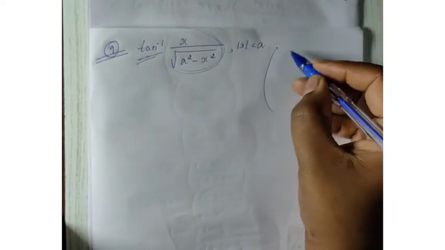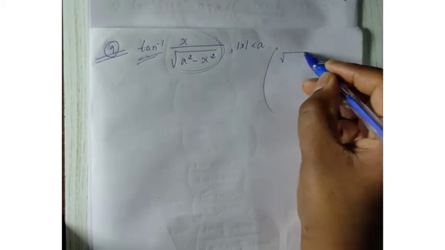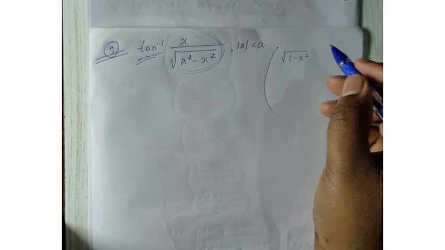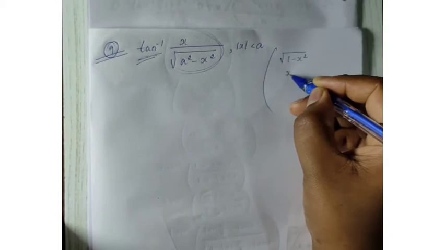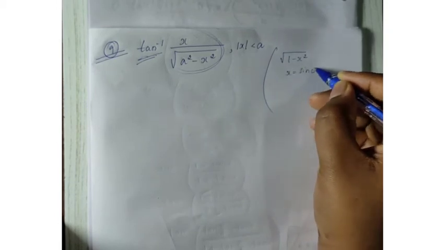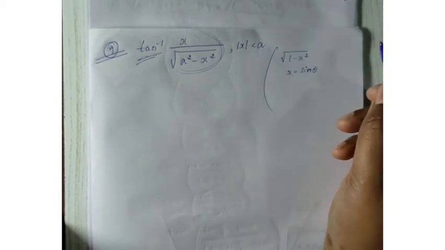So we need to observe, this is a side point, an extra point you can say. Whenever there is root 1 minus x square in the denominator, I'm talking especially about the denominator, we put x as sine theta. Why?